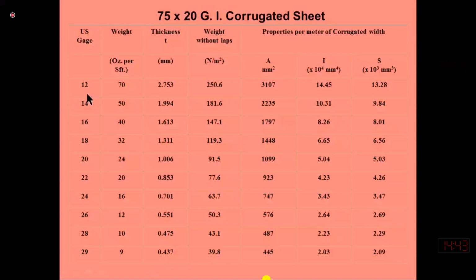For example, if I want to buy a sheet, I will place the order: please give me 20 sheets of 75 into 20 with gauge 20. Gauge 20 means the thickness of that sheet will be 1.006, because it is very difficult to memorize the thickness in millimeter. So I cannot place the order saying please give me the GI 75 into 20 sheet whose thickness is 1.311.